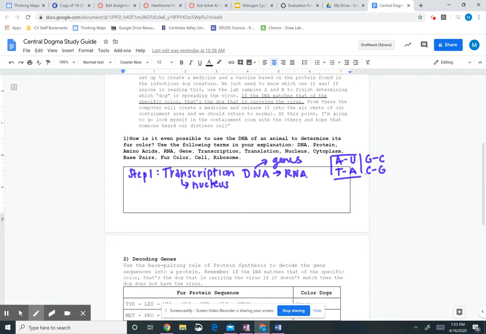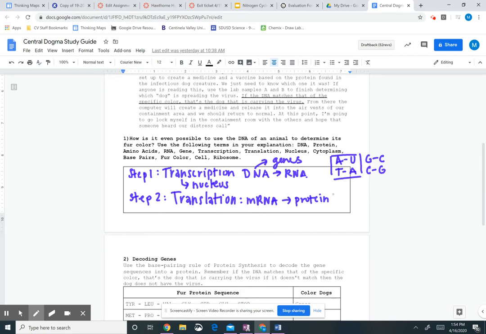And then after transcription, we have our second step, which is going to be translation. And in translation, what happens is that we take this mRNA that is made, and we turn that RNA into a protein.